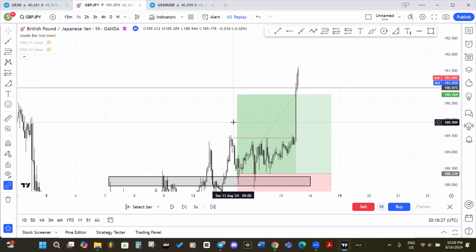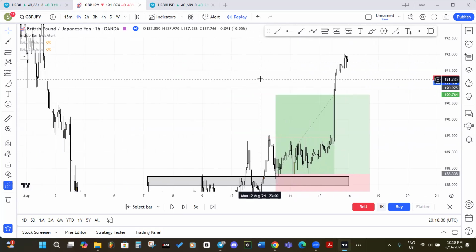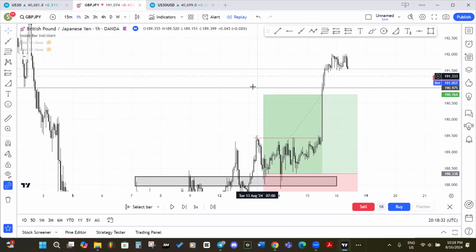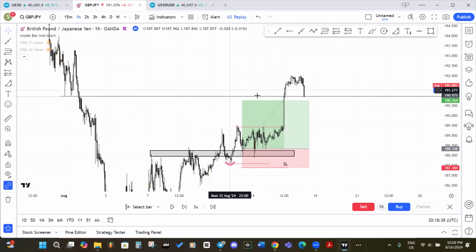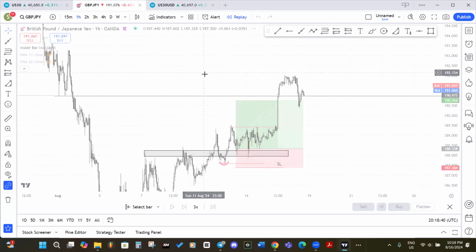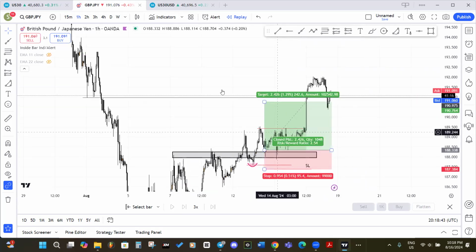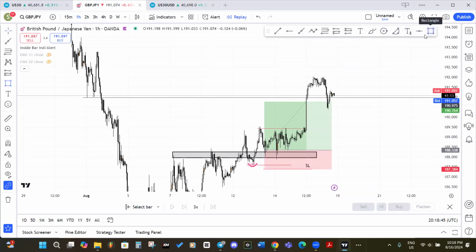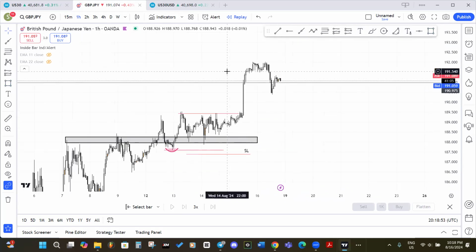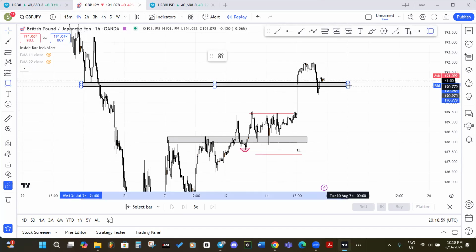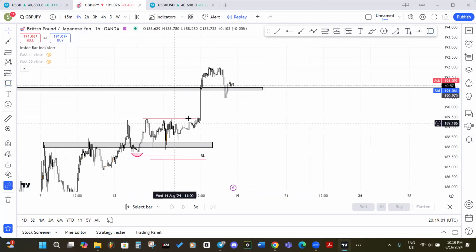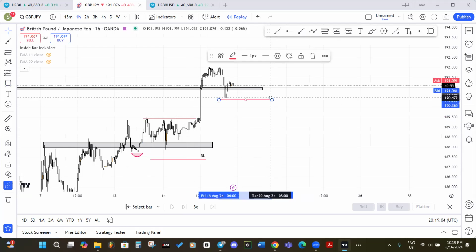So yeah, this is basically what happened. This is where we are right now. Right now I'm looking at this level, to see if price will respect it, and also considering these lows.